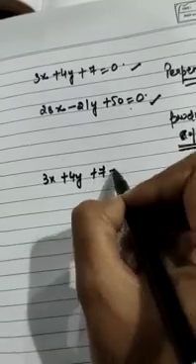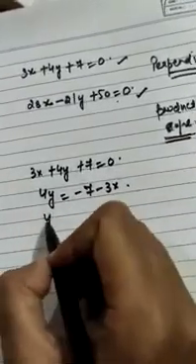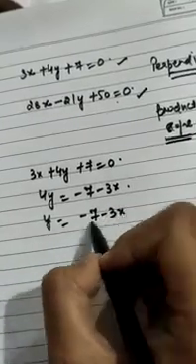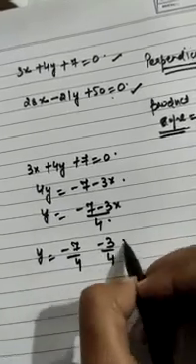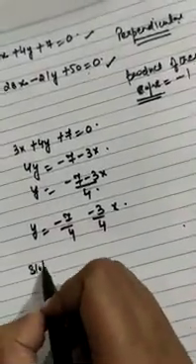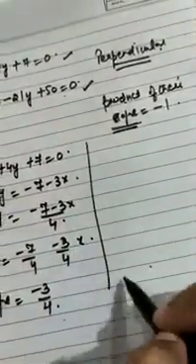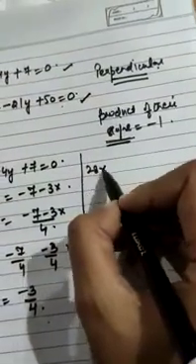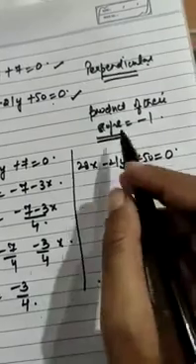So the question is here, first of all we have to find the slope. To find the slope, 3x plus 4y plus 7 equals 0, we will convert it into y equals mx plus c form. Y is -7 by 4 minus 3 by 4x. So the slope is the coefficient of x, slope is -3 by 4, right? Now come to the second equation, 28x minus 21y plus 50 equals 0.